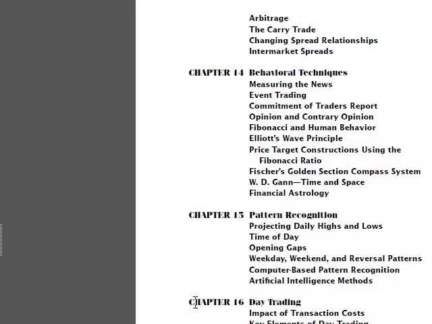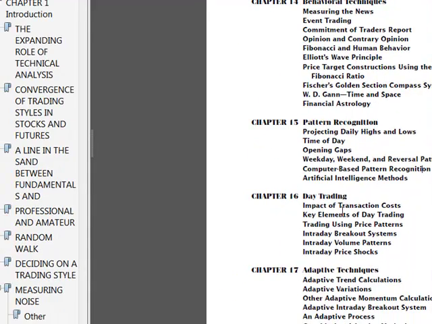Then in Chapter 16 we go into day trading, transaction costs, the impact of those, price patterns, breakout volume patterns, and pricing shocks that have impact on your trading.